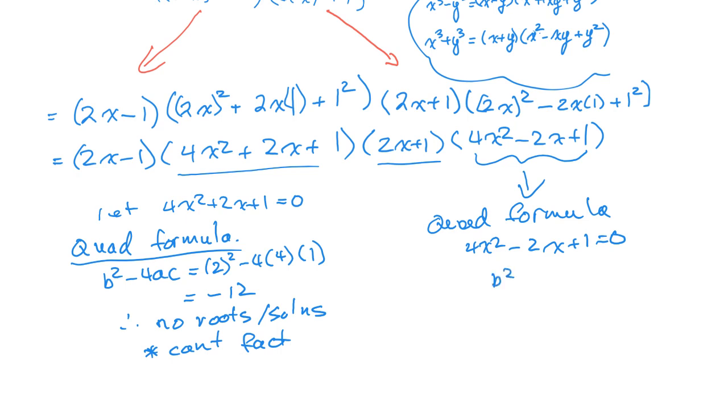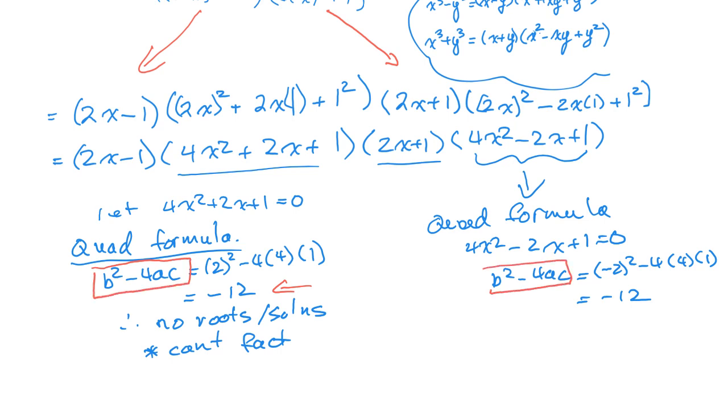So we end up with b squared minus 4ac, and that's going to be negative 2 squared minus 4 times 4 times 1, which is negative 12, right? Remember, this thing here was called the discriminant in grade 10 and 11.